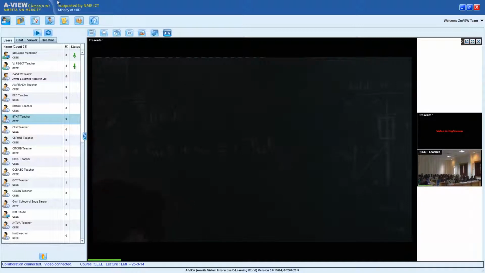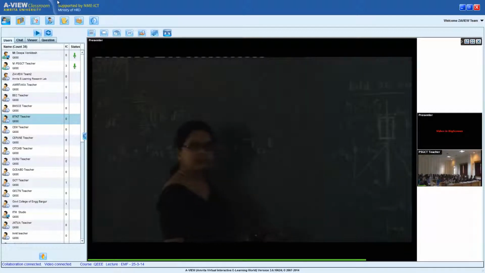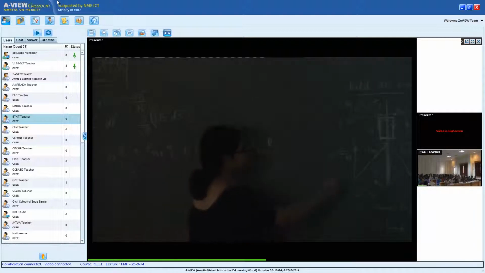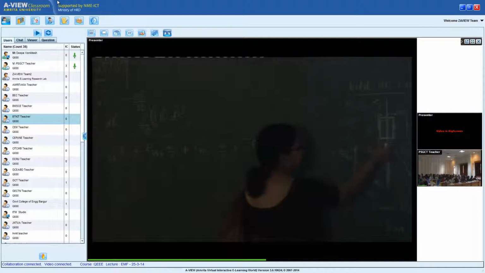I can just complete this argument. You don't have to see the board for that. You can complete that loop integral. So we reached ET2 L, and in the loop down again you have the same issue.